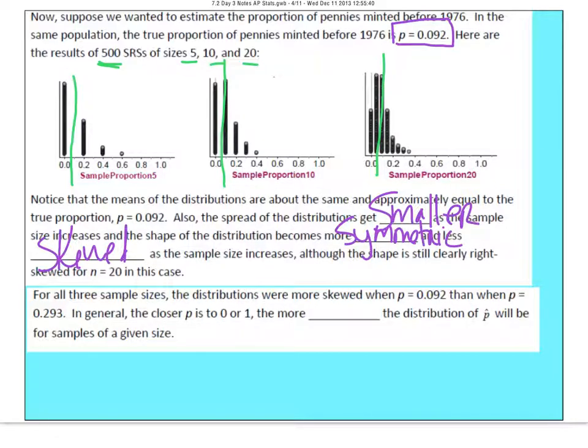So what we're seeing here is, in general, the closer the true population proportion is to 0 or 1, the more skewed the distribution of our p-hats will be for the sample size that we're given. So in this second example, our true population proportion is closer to 0 versus our 29%, and we're going to get more of a skewed distribution, and that is how it works.